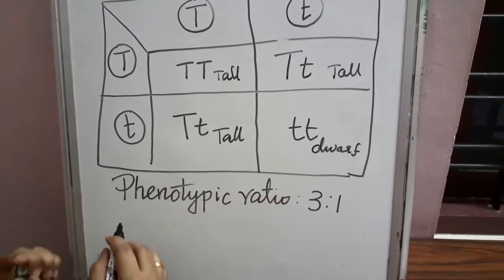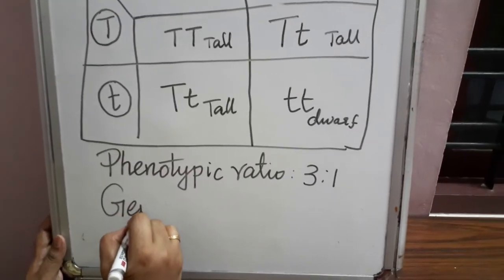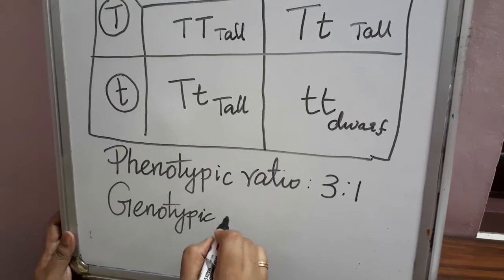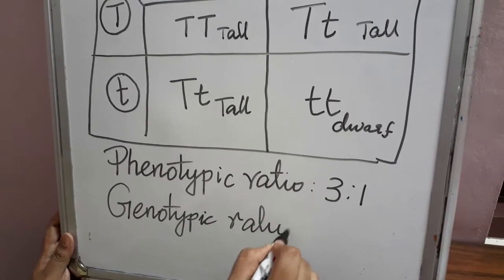When we write the genotypic ratio, it means the genetic ratio.